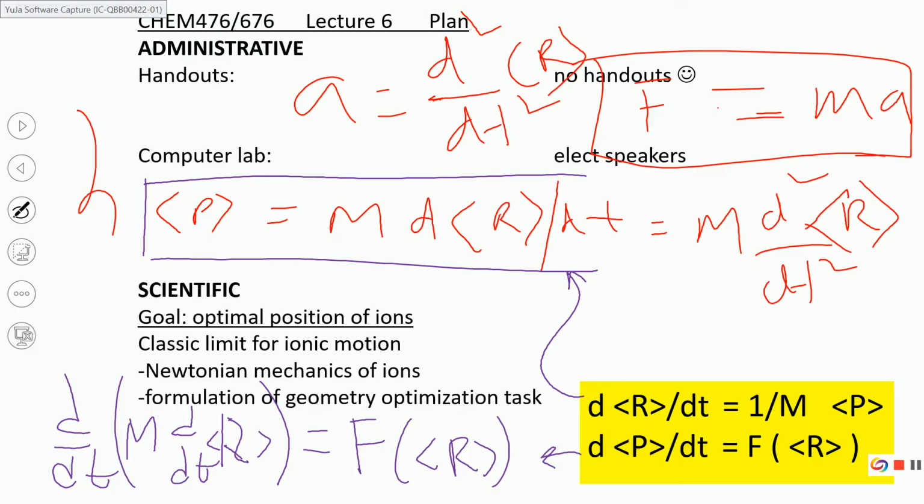Make sense? The equation is very similar in functional form, exactly reproducing the equation of motion, but the meaning of this position is different. It's not a certain position; it's the expectation value of position.